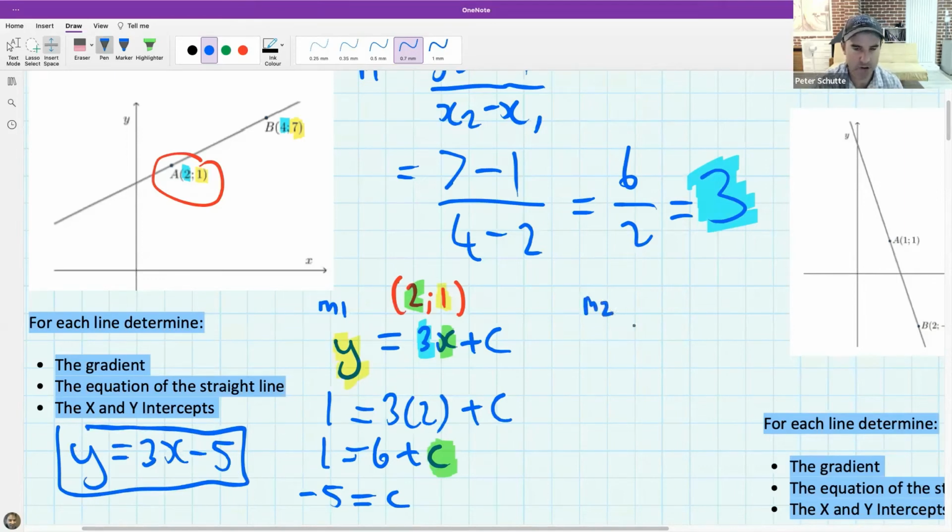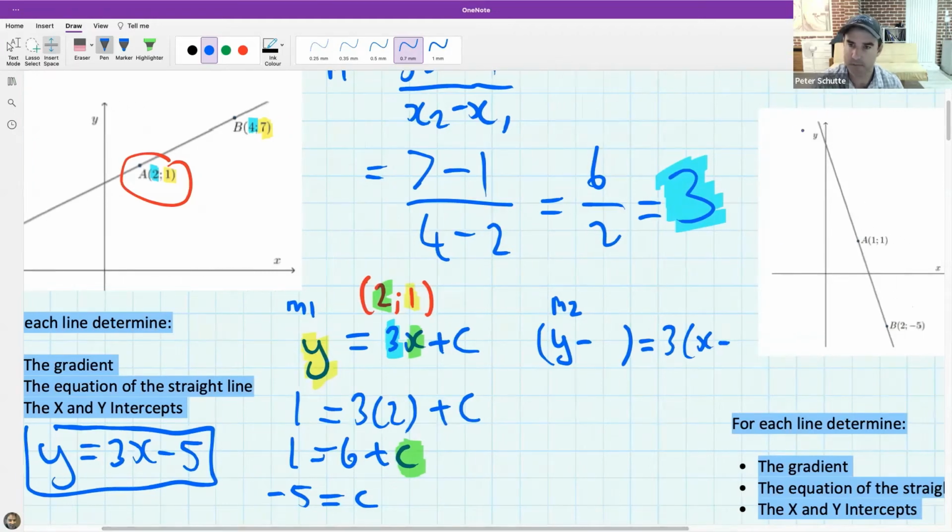I'm going to do method 2, which is some students will do this. In this case, what I do is I go y minus something equals the gradient, x minus something. Let me move this out the way.